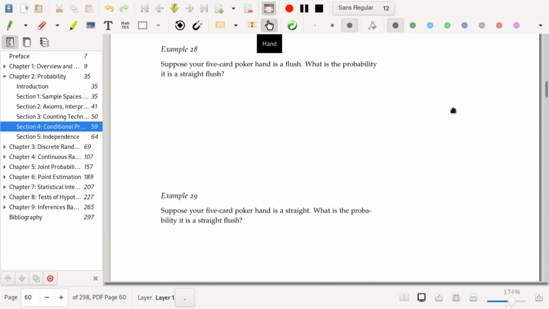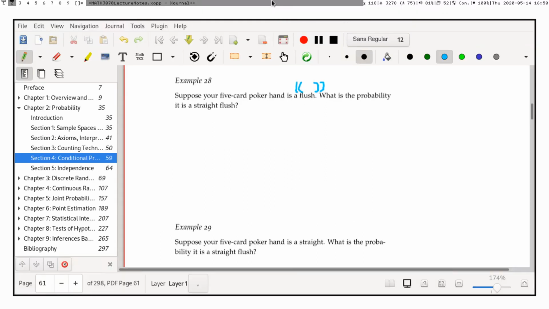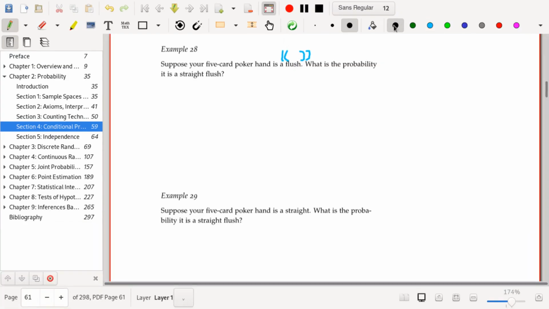All right, next up, suppose your 5-card poker hand is a flush, but this is a quote-unquote flush. This is not a true flush because we are including the possibility of a straight flush, which, as I mentioned before, is generally considered distinct from just your run-of-the-mill flush. What then is the probability that this quote-unquote flush is also a straight flush?